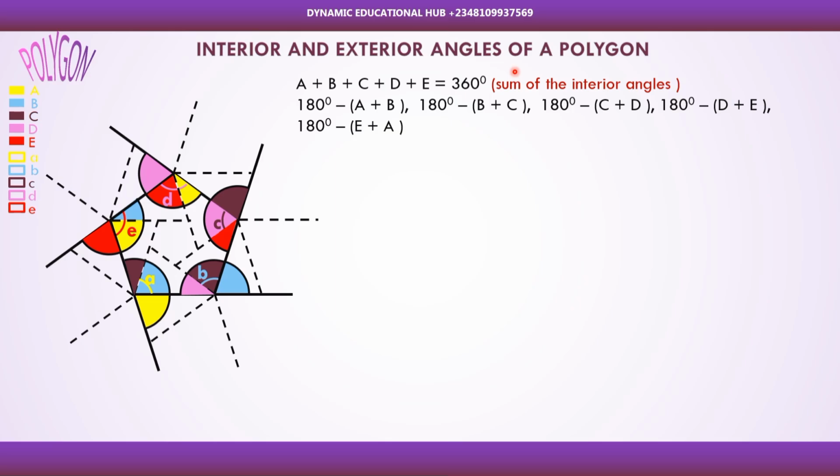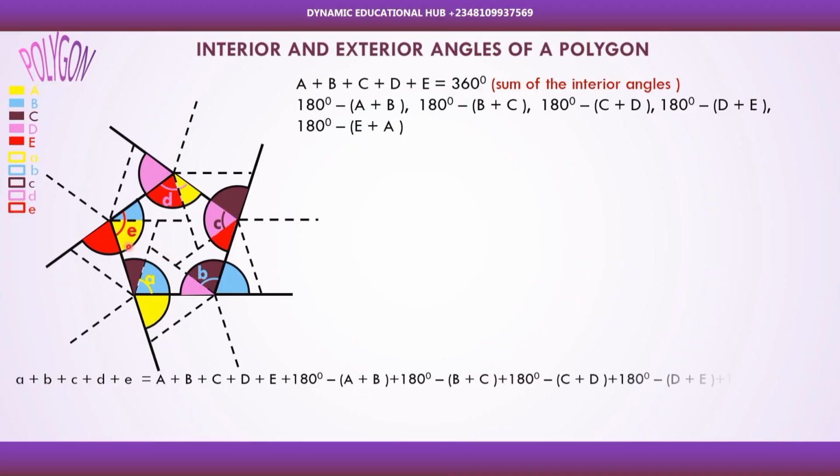Finding the sum of the interior angles, what are we going to have? We want to find the value of A plus B plus C plus D plus E. Let's fix the one that we know first. Let's start from this color here. This color is capital letter A, this color is capital letter B, then C, D, E. That is what we have here.